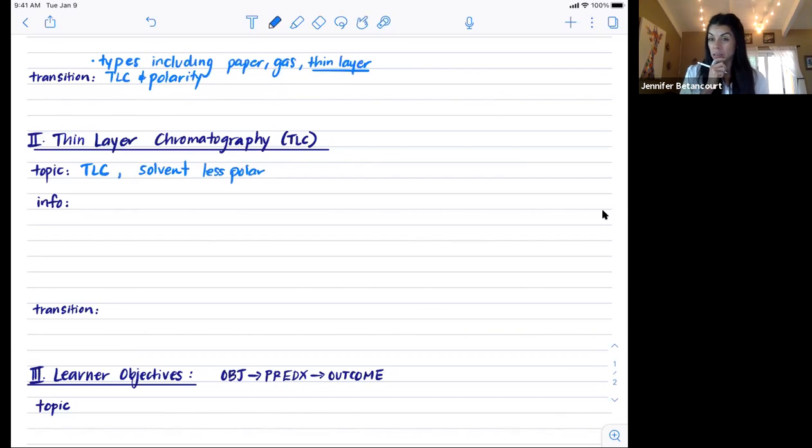If you're going to go through the trouble of defining mobile and stationary phases, I would avoid using the word solvent, at least in the introduction. You probably want to call it the mobile phase. You just said that all chromatography uses a mobile phase and a stationary phase, and once you start talking about TLC, you say the mobile phase for TLC happens to be a less polar solvent.